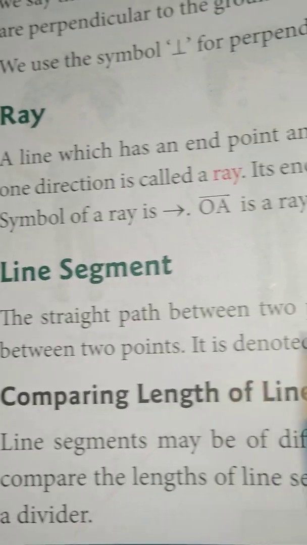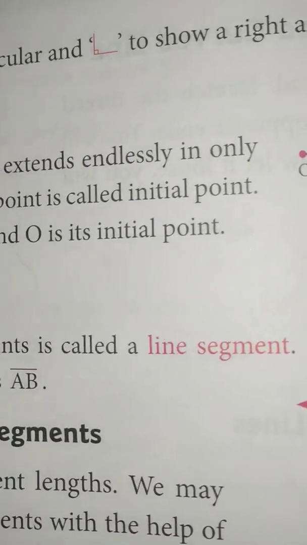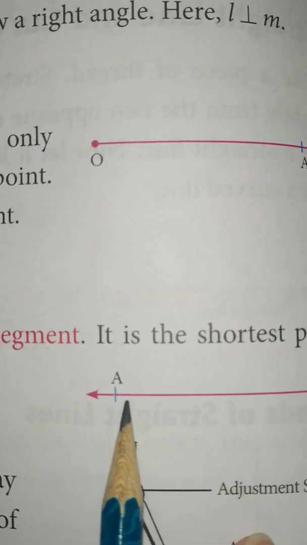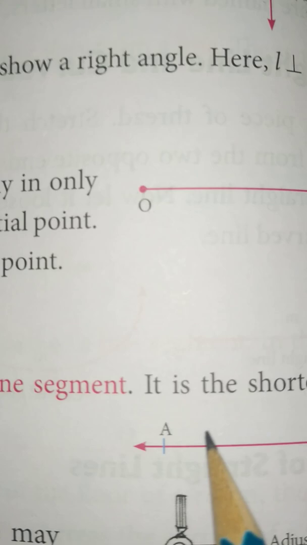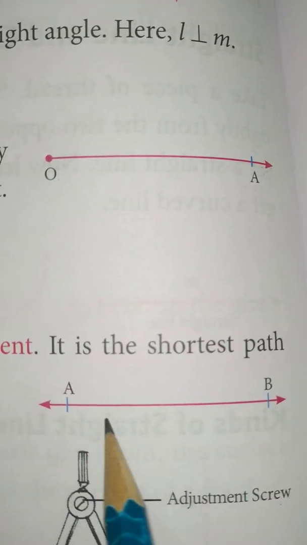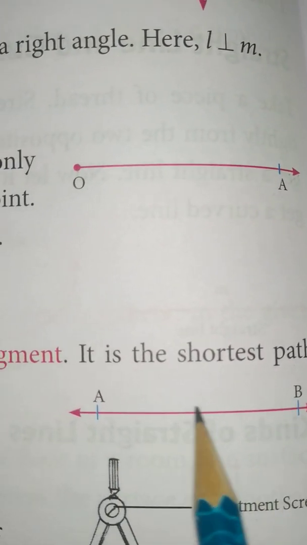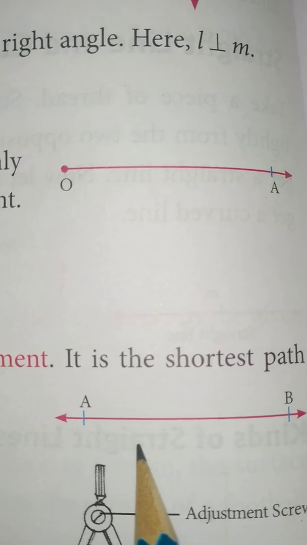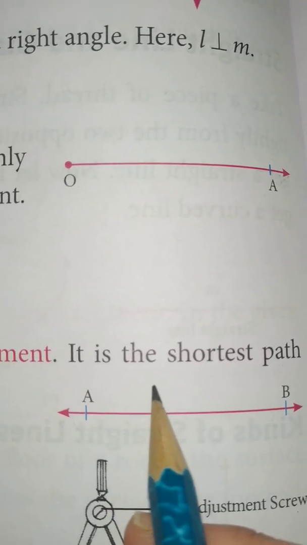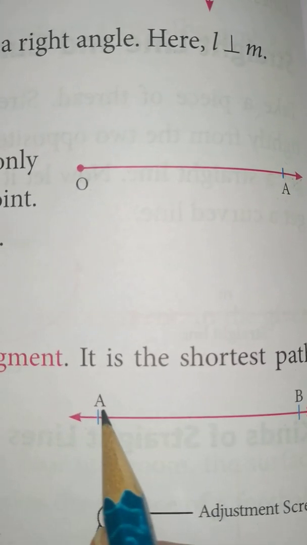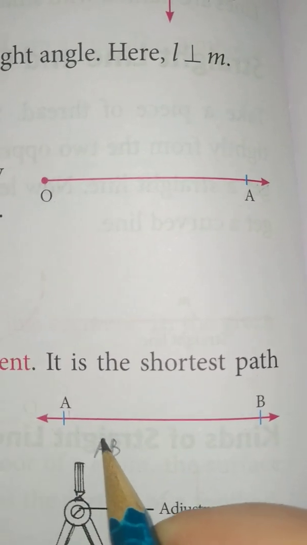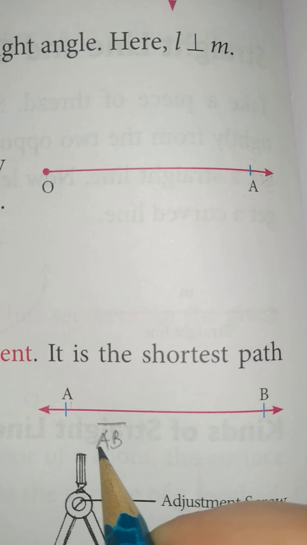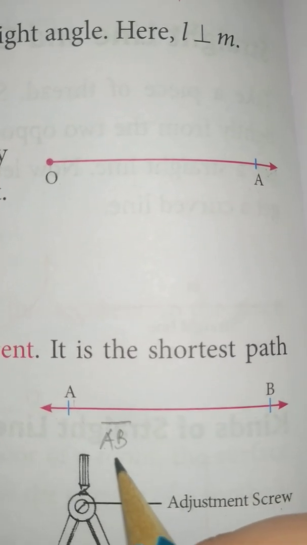It has 2 endpoints. ये किसी भी 2 points के बीच का shortest path होता है, तो उसको हम बोलते हैं line segment और इसको denote करते हैं हम 2 capital letters से. So इसको यहाँ पर denote करेंगे AB, like this. So AB is the line segment.